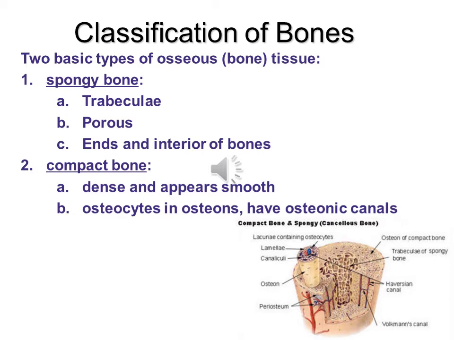It's very porous, with red bone marrow, and the trabeculae, which are the framework of bone tissue. And then we have compact bone, which is dense and appears smooth. And here, this is your superficial part, but we have organized osteocytes in osteons with an osteonic canal.